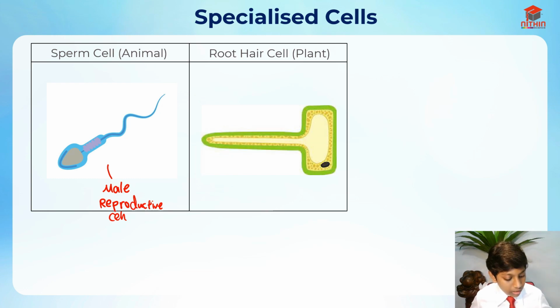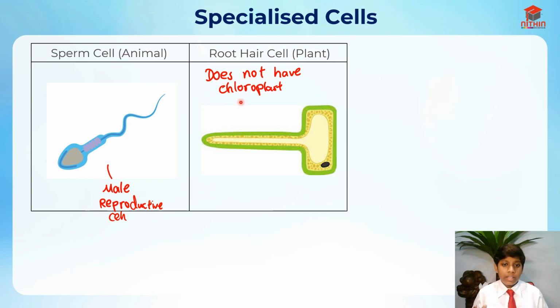In the root cell, there's actually something amazing: it does not have chloroplast. Later I'll go through the explanation of why it does not have chloroplast.